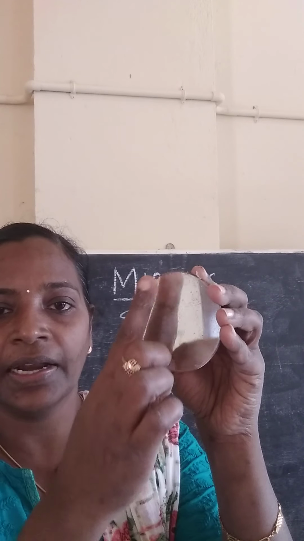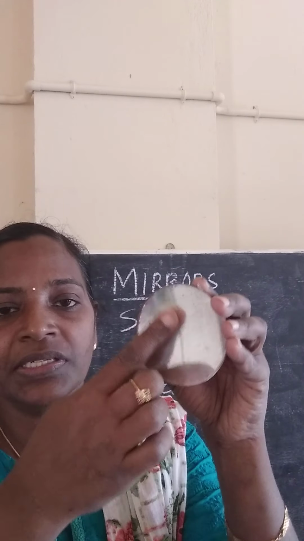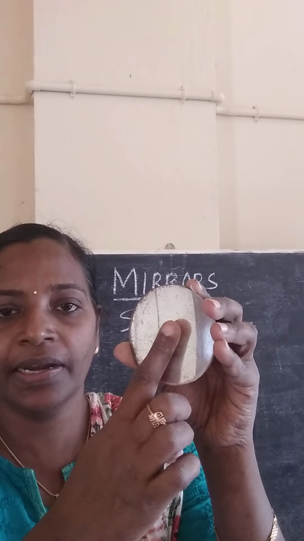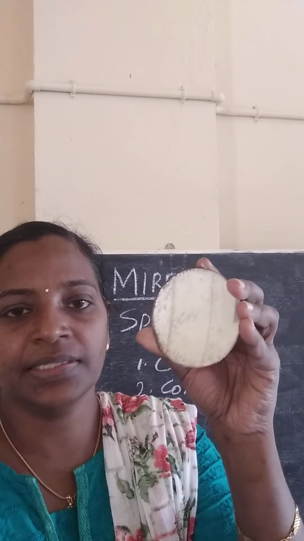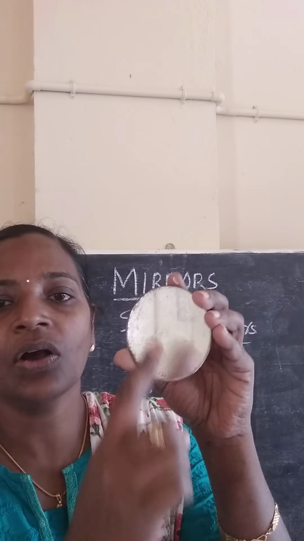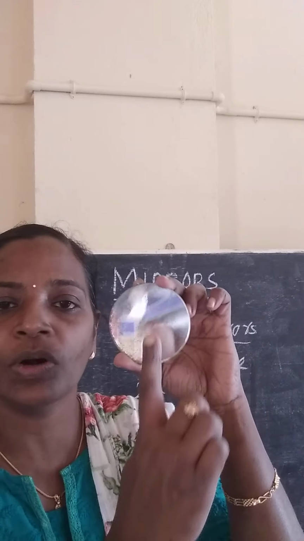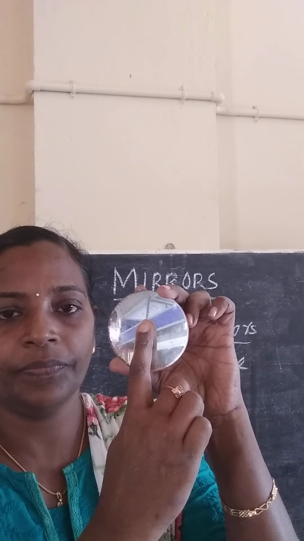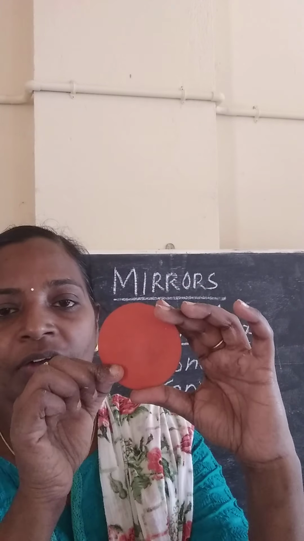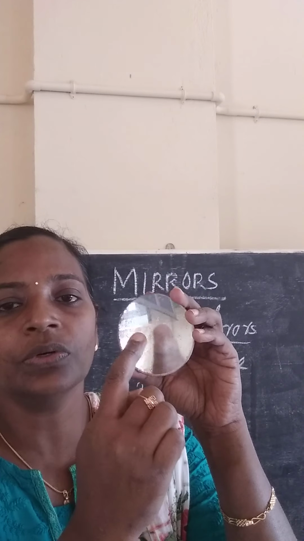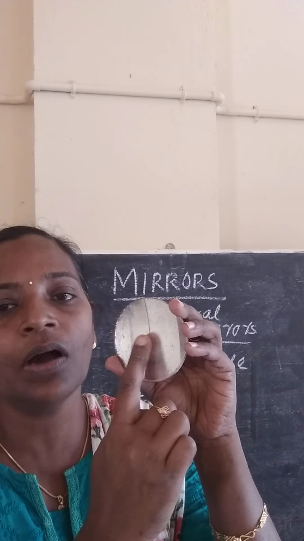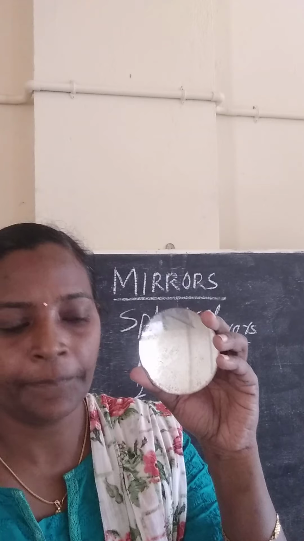This is the bending-in side, and the bending side is the reflecting side. We call this the concave mirror. The bulging out side is the non-reflecting side. The reflection takes place only on the reflecting side, so we should keep the reflecting side facing the object to get the reflection.